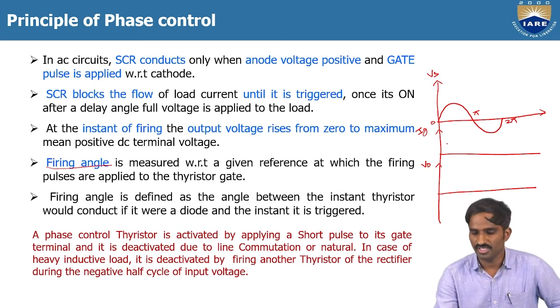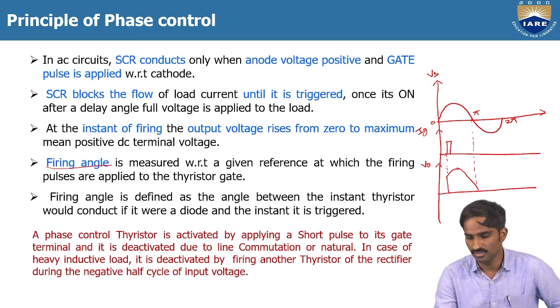Let me consider that at this instant I have given the firing pulse to the thyristor. Then the thyristor will start conducting, we will get the output voltage and the current, and the load current will start to flow.